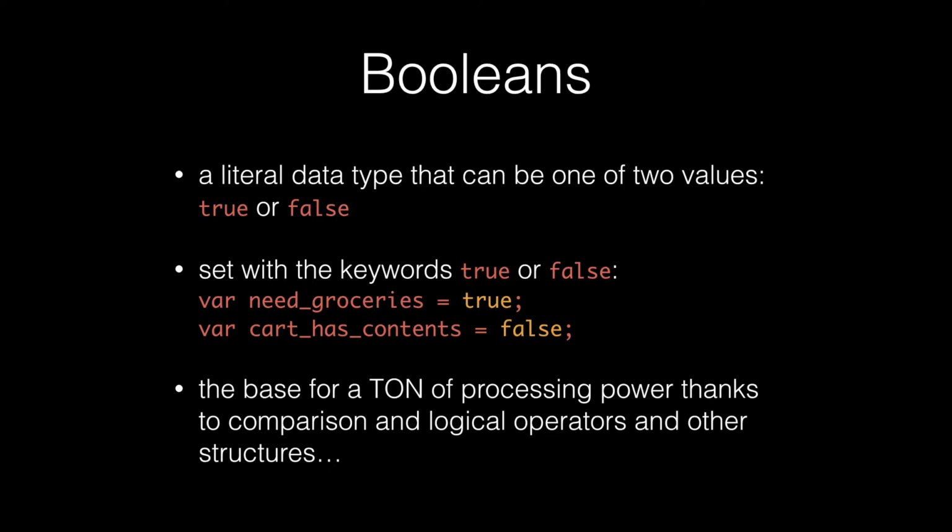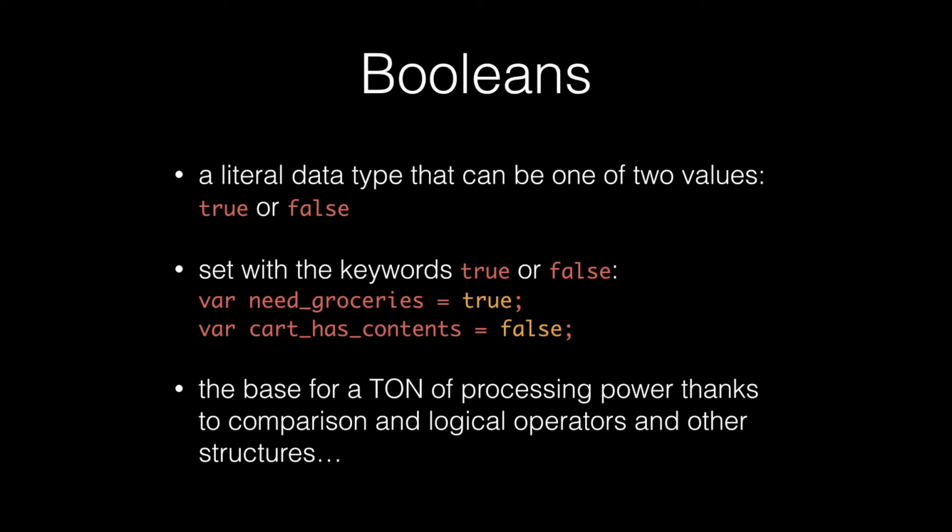And like with the other data types, we can set variables to contain these with the keywords true or false. As you can see on the next two lines, the variable need groceries is assigned the value true. So we're simply saying that it's true that we need groceries. Yep, we need groceries. Or the cart has contents is assigned the value false.